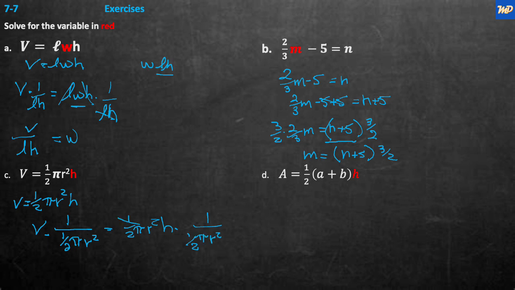The 1/2 pi r squareds cancel. We're left with h on this side is equal to V divided by 1/2 pi r squared.